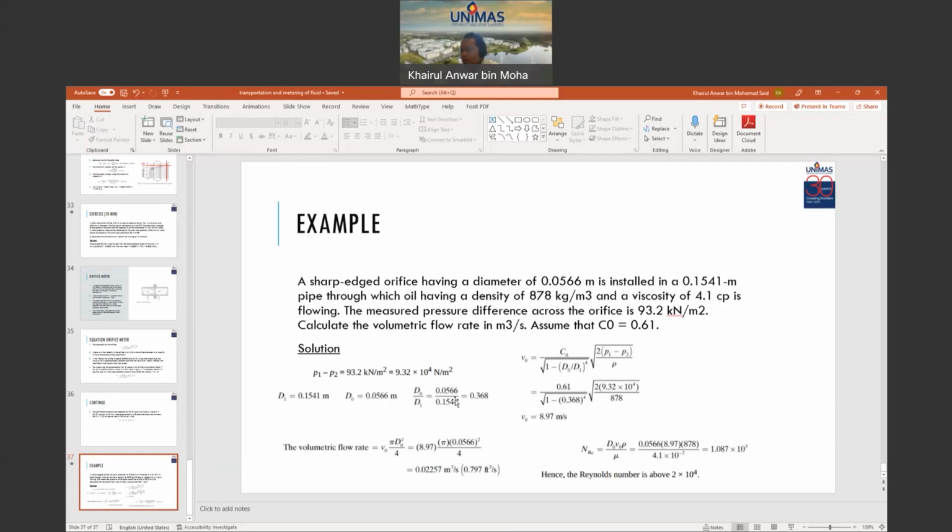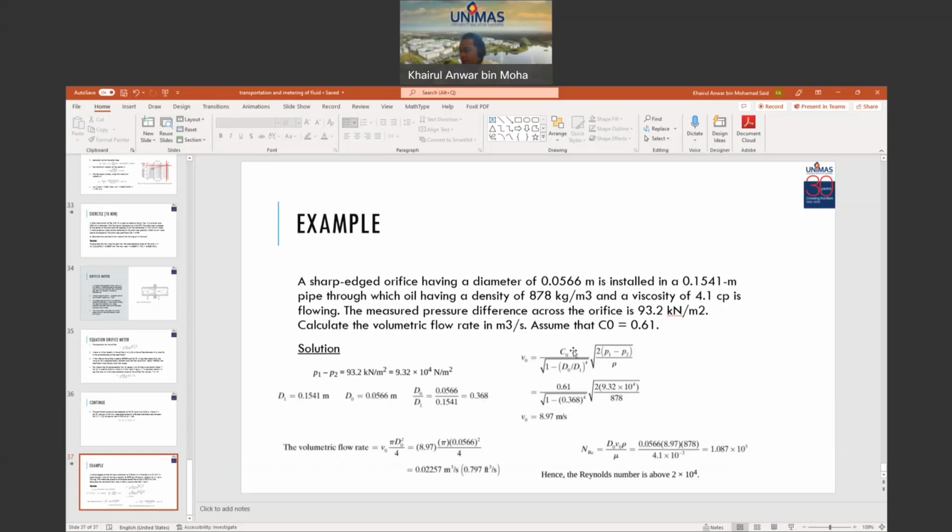D naught over D1 is 0.368. The volumetric flow rate is V naught times pi D naught square over 4.